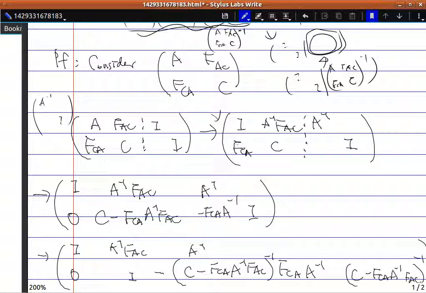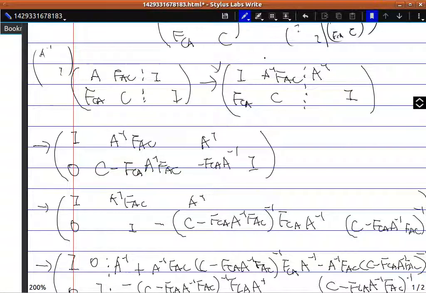That's why I find it more convenient to define FAC and FCA instead of U and V. So okay, continuing my operation here, I have this guy here. I can subtract this row, I should say subtract this row by this row multiplied by FAC.